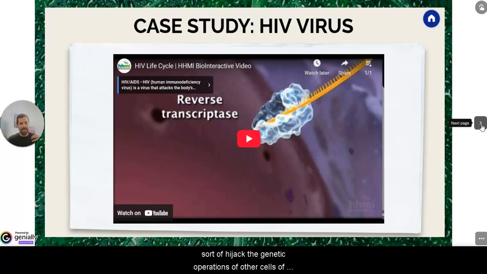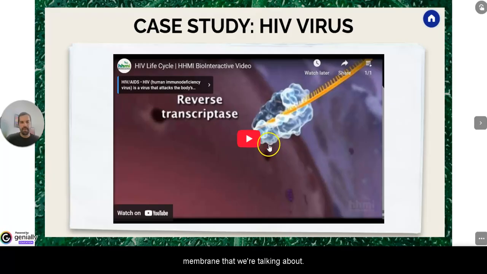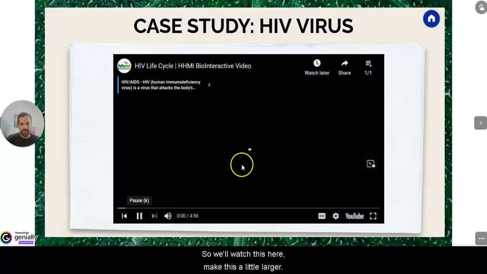Retroviruses sort of hijack the genetic operations of other cells, of human cells in this case, to make them reproduce themselves. They're one of these ones that even steals some of the membrane that we're talking about. So we'll watch this here. Make this a little larger. This is HIV.